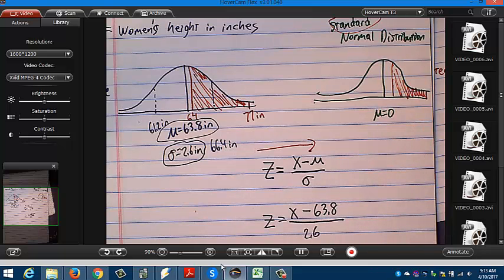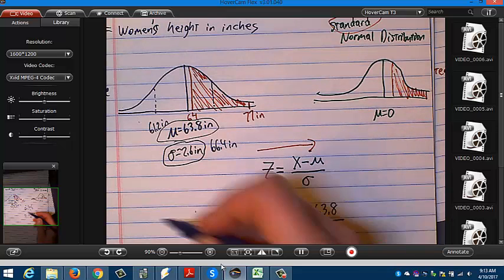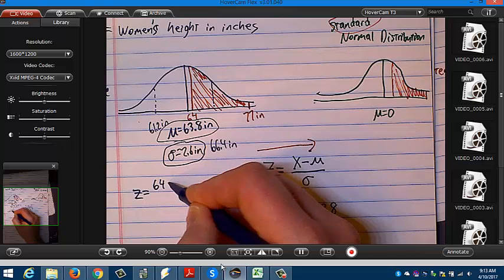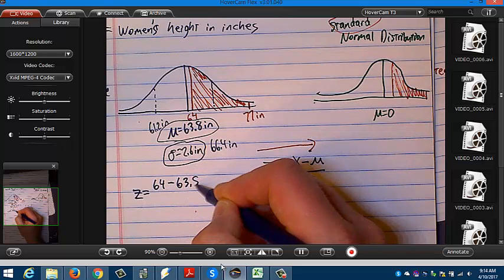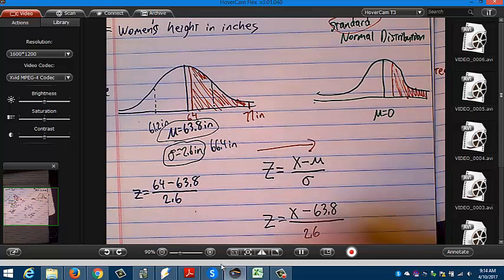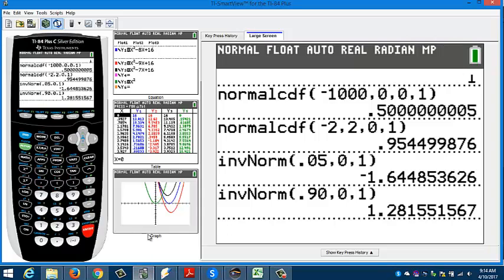But once you do that, watch what you could do. Z is x minus mu over sigma. So for the first one, the 64, let me try that. Z equals 64 minus 63.8 over 2.6. And I'll have to work out what that is, so let me do that on the calculator. By the way, if you try to do it all in one step, a little caution: you're going to want to use parentheses for the numerator.